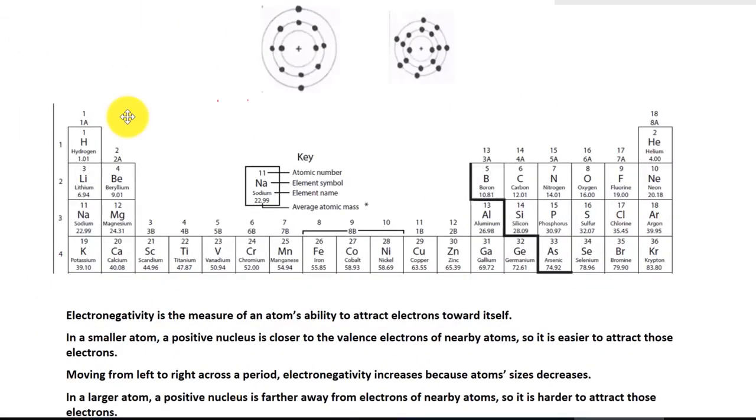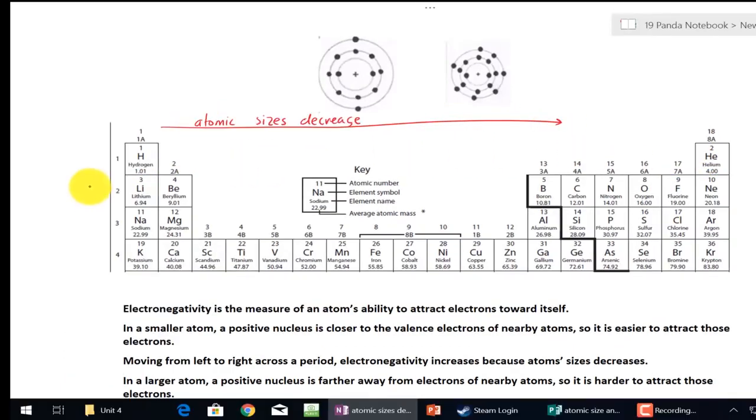And we realized that the trend for atomic size is going from left to right, the atomic size decreased. And we also learned that going down from top to bottom on a periodic table, atomic sizes increase.